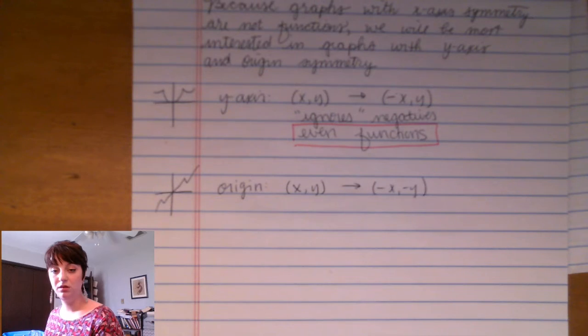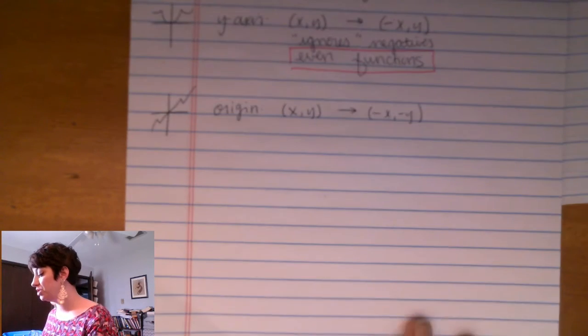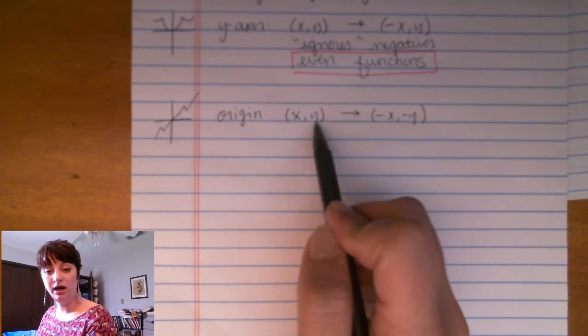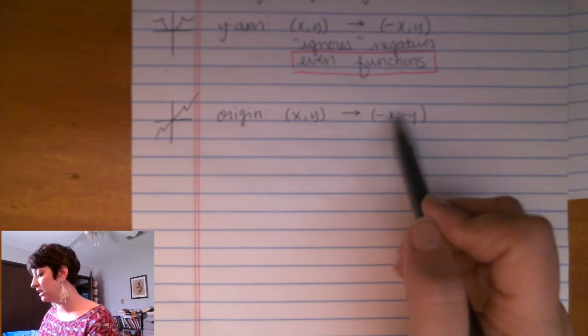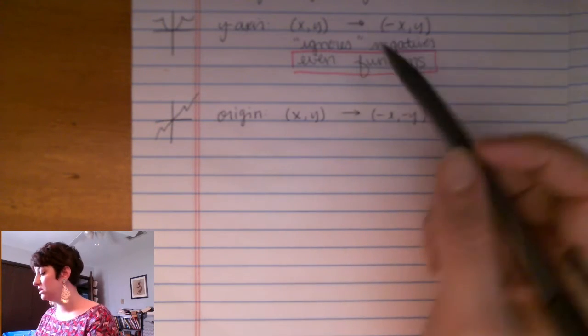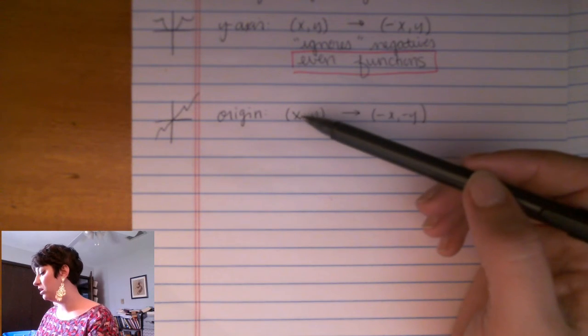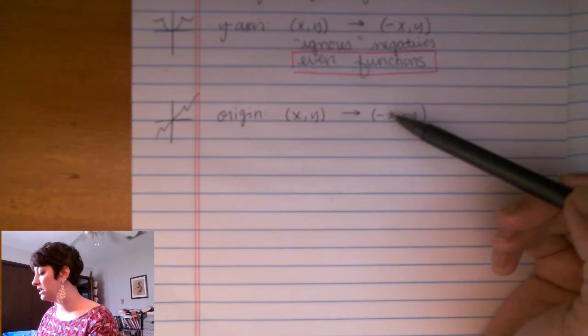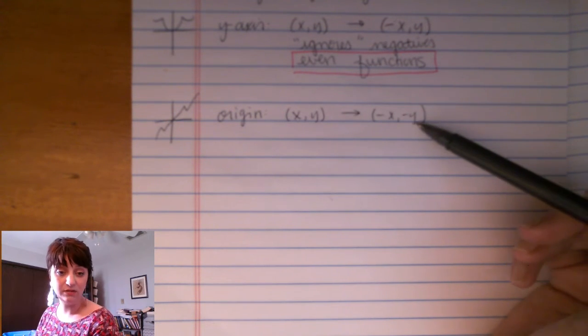All right. For origin, if you plug in x, you get y, but also if you plug in negative x, you get negative y. So that's what origin symmetry says. So as example, 2 cubed is 8. Negative 2 cubed is negative 8.